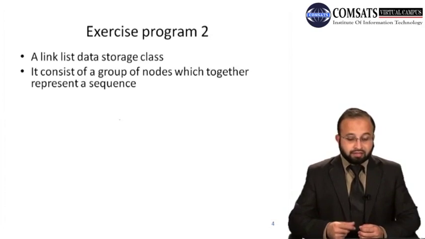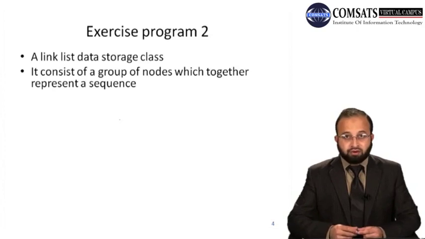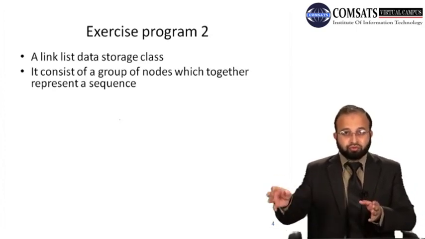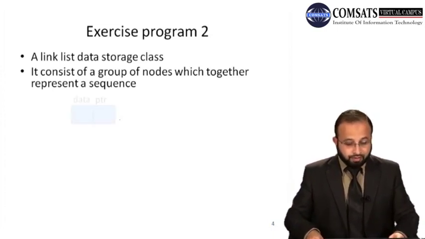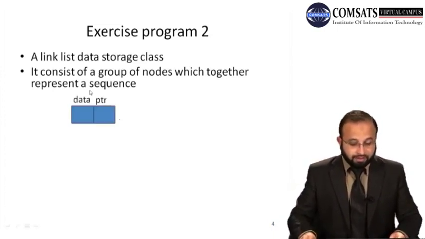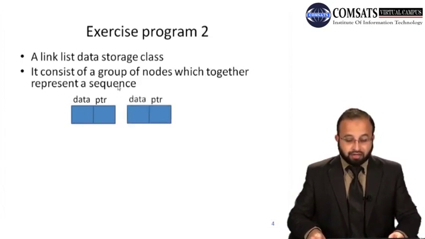It is a group of nodes which together represent a sequence. Node 1, node 2, node 3, node 4, and they are connected with each other, right? This is node 1 that contains a data part and a pointer. This is another node, data and pointer.